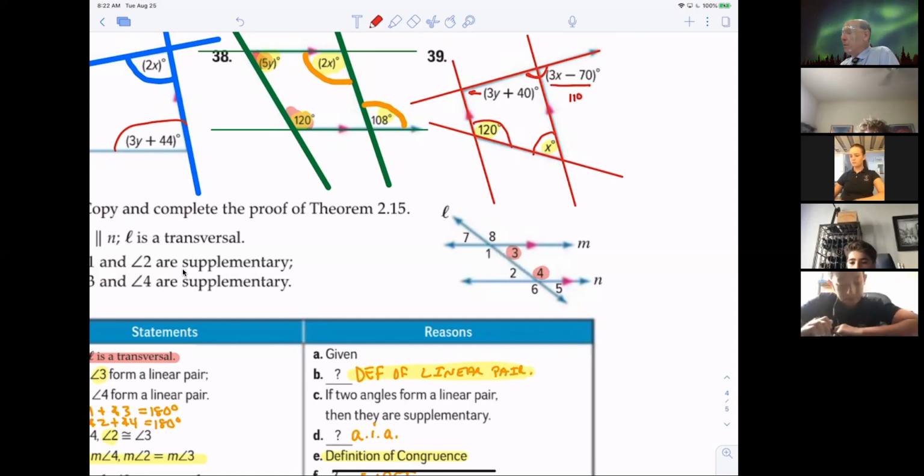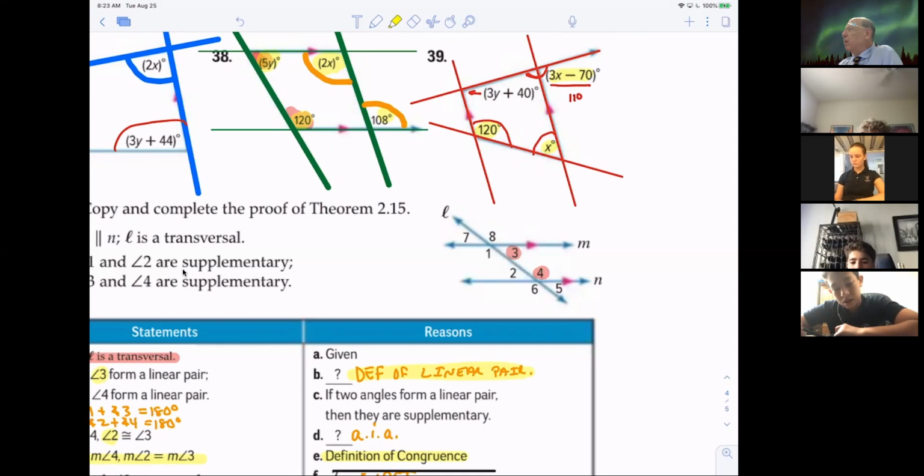So if 3y plus 40 is supplementary with 3x minus 70, what does that equal? The problem here is, I want you to understand, we don't use that. We just make it 110.